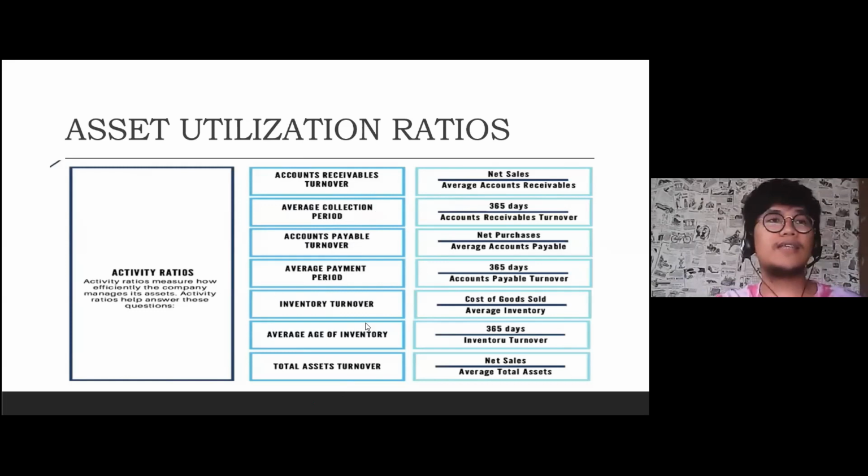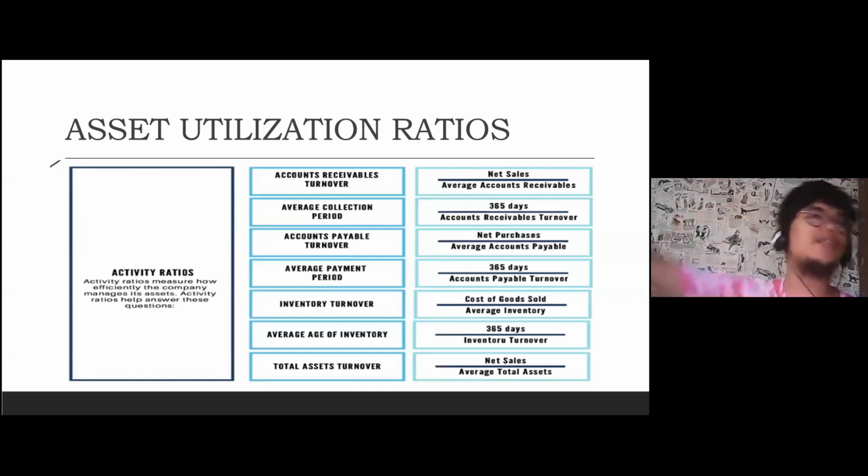If your average payment period is computed lower than your credit term, yung kung ano na pinagkasunduan ninyo, then that's good. It means that the company was able to pay off its obligation before matapos yung credit term. But if it's beyond the credit term, there will be a problem with that.